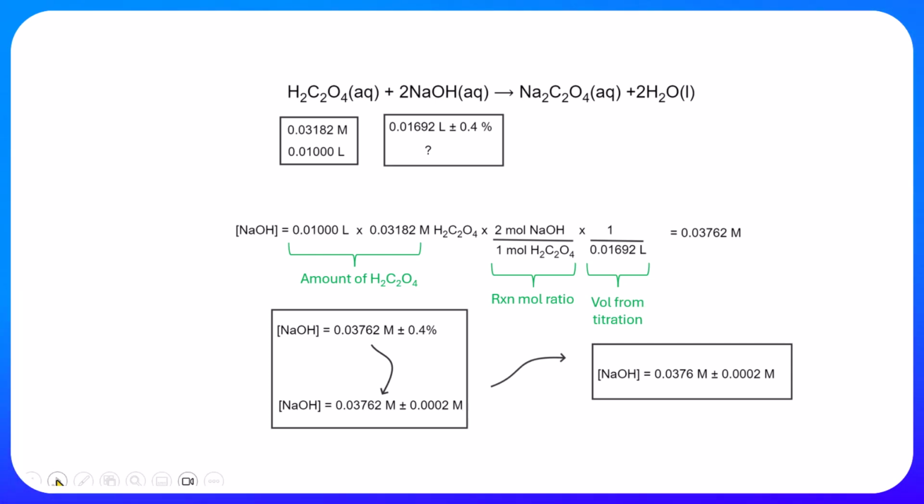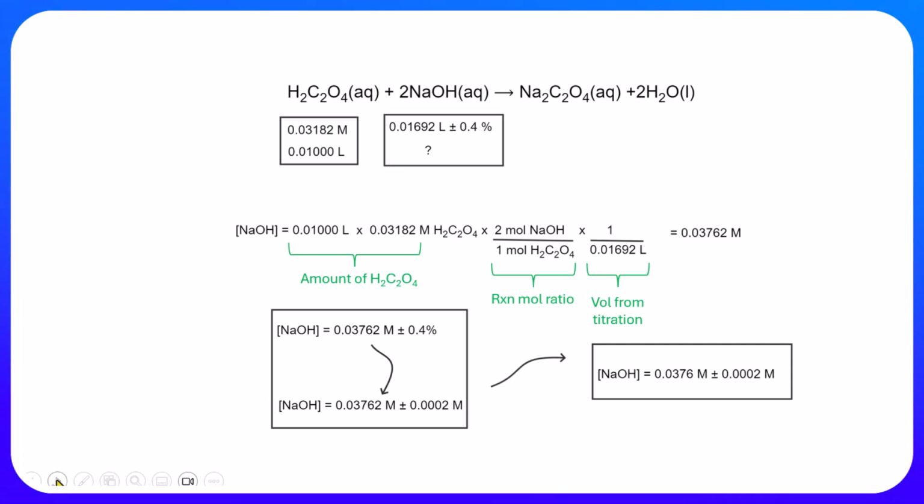So in the end, for the sodium hydroxide secondary standard, I end up with 0.03762 molar. If your numbers are anywhere similar, that is, you used around 0.4 grams of oxalic acid, your titration used around 16, 17, 18 mils of titrant, your concentration of sodium hydroxide should be really similar.